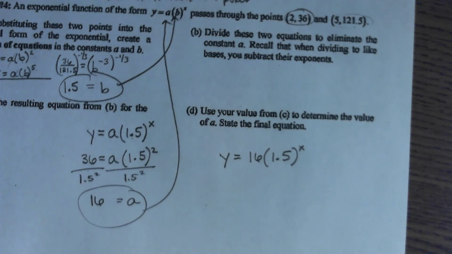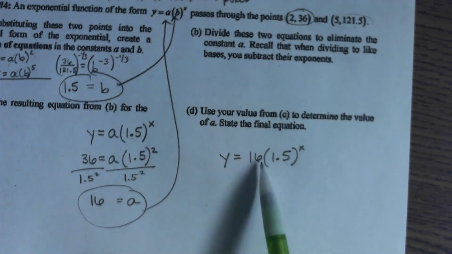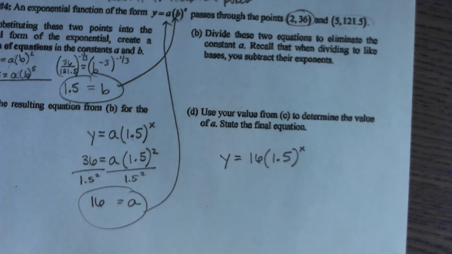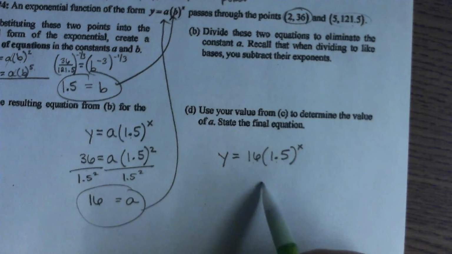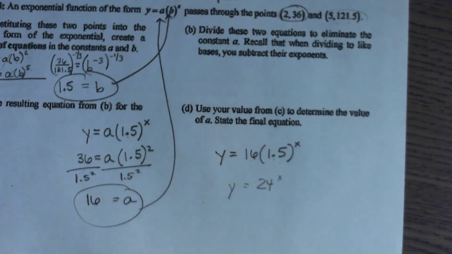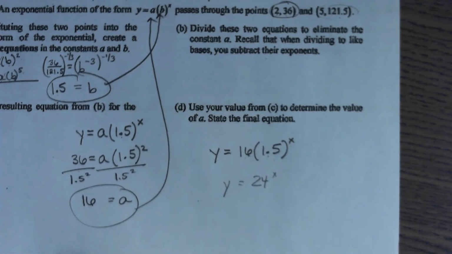Natalie, one quick question for you. If I took 16 and multiplied it by 1.5, this times this gives me 24 to the x power. Right or wrong? What's that? Why can't I do that?